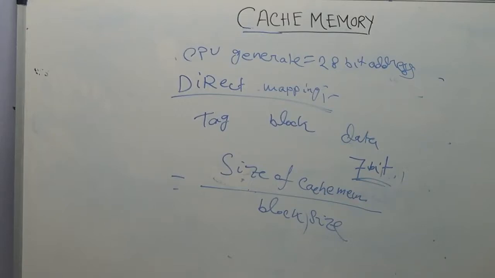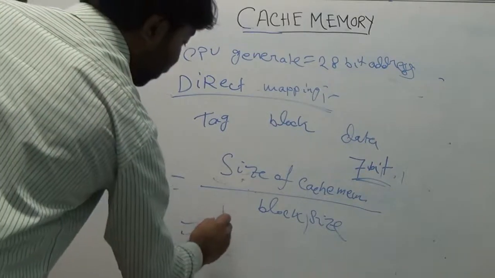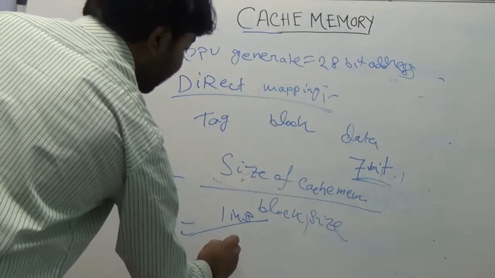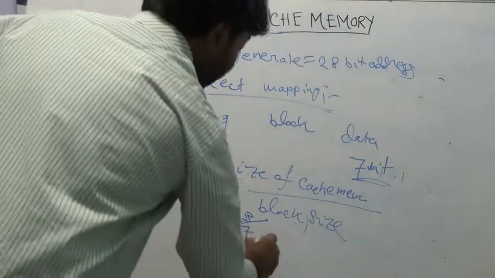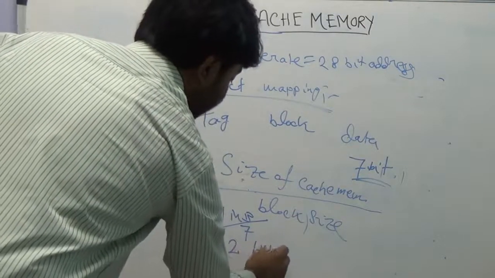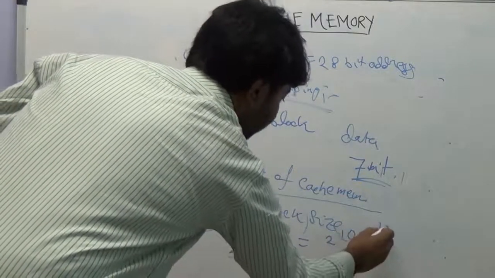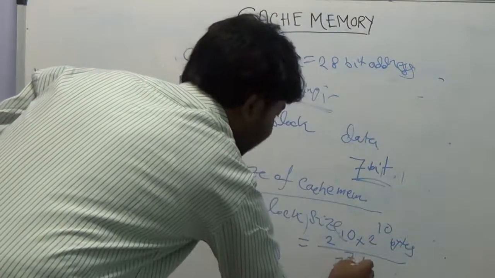If we can calculate the number of blocks present in the cache memory, then we can get the value of the block field. From the given problem, we know that the size of the cache memory is 1 MB and block size is 2 to the power 7 bytes. So 1 MB will be converted as 2 to the power 10 into 2 to the power 10 bytes by 2 to the power 7 bytes.